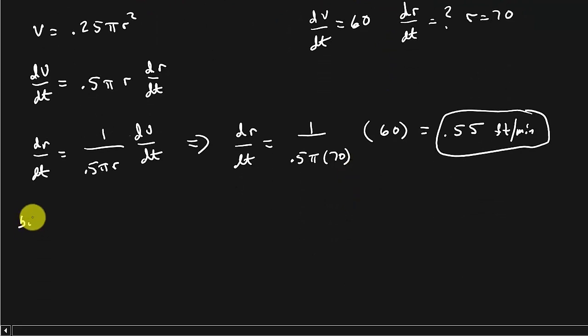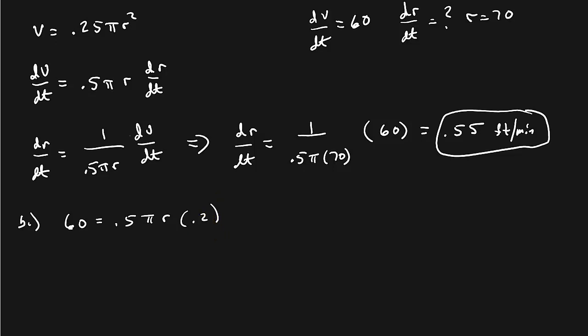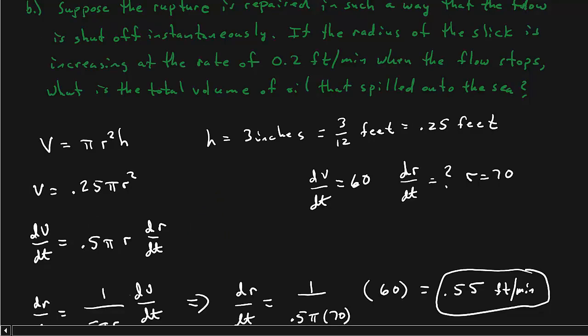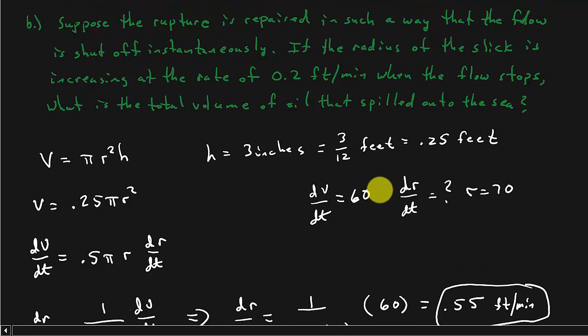All right, so this is part B. That was part A up there. So I've got 60 is equal to 0.5 pi r times 0.2. Okay, so let's look at that. We can compute the total volume of oil in the oil spill if we know the radius of the slick right when it stops flow.